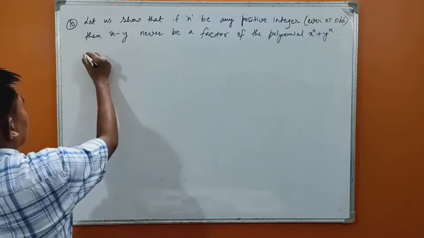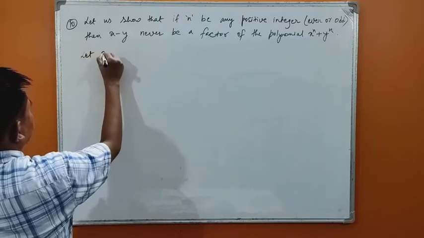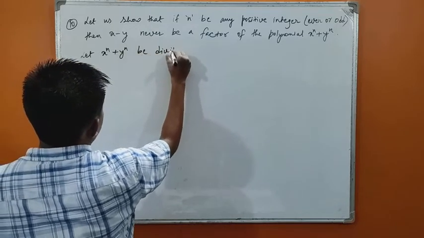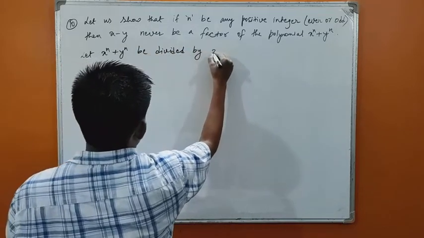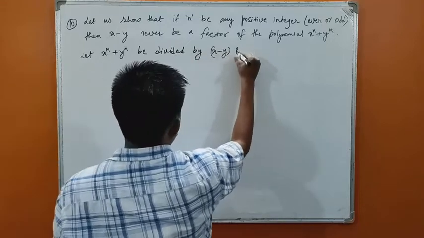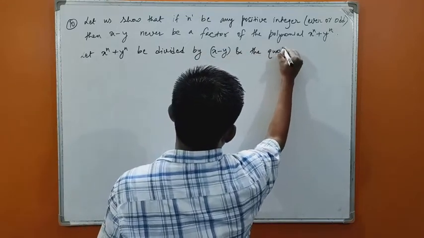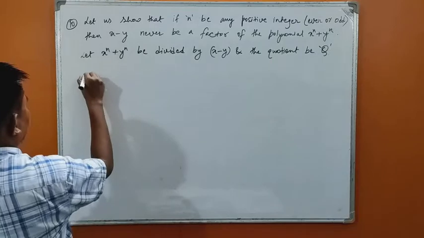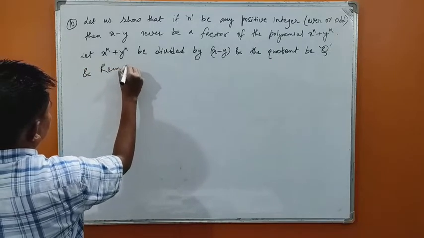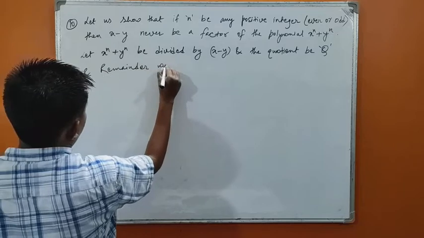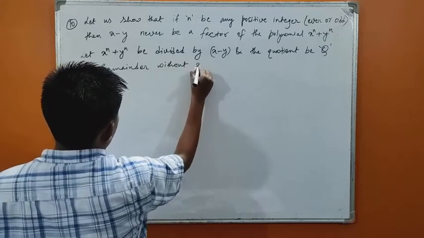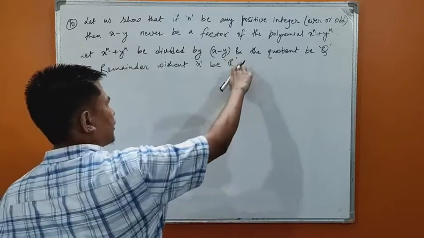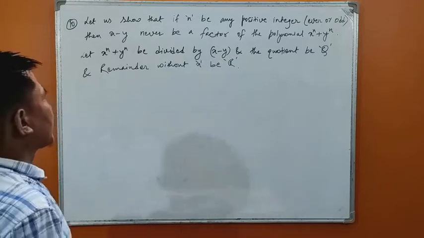Let's do this. Let x to the power n plus y to the power n be divided by x minus y, and the quotient be q, and remainder, without x, be r. Remainder without x means the value of the remainder should be free from the variable x.